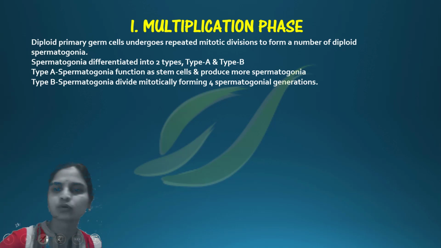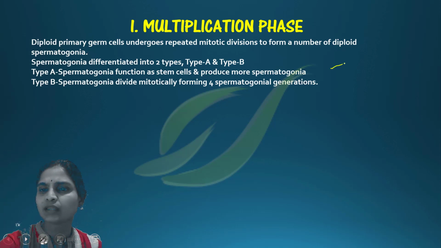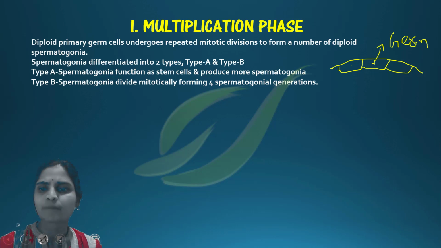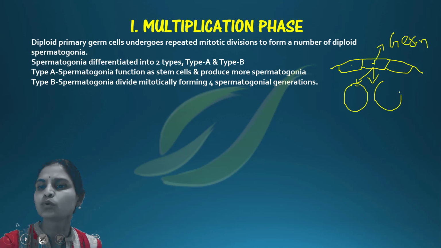In the seminiferous tubule there are germ cells and Sertoli cells, but I am talking only about germ cells now. These germ cells undergo repeated mitosis division, and you know very well that one cell undergoing mitosis gives rise to two cells which are diploid in nature.